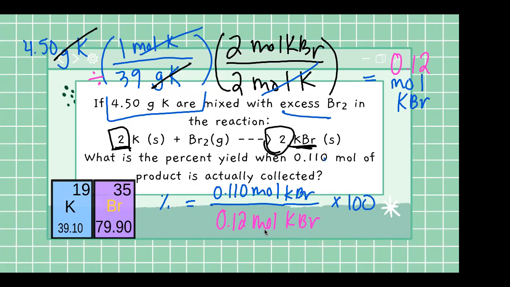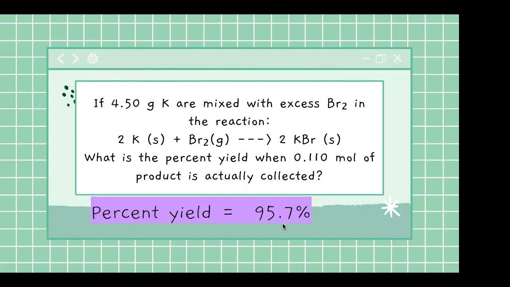My answer key might be wrong, but I did it right now and I got 91.7. So disregard the answer on this for this one. This is not 95.7. It's 91.7. Might have messed up. No sig figs.